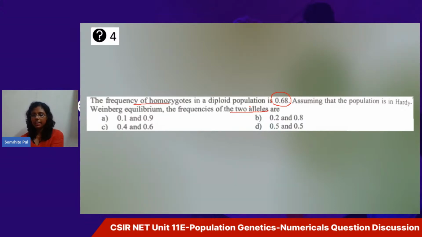They just said homozygotes, with an S. That means they have taken the frequency of AA plus the frequency of small a small a together as 0.68. From here they're asking you to find the frequency of the two alleles, that means the frequency of A and the frequency of B.